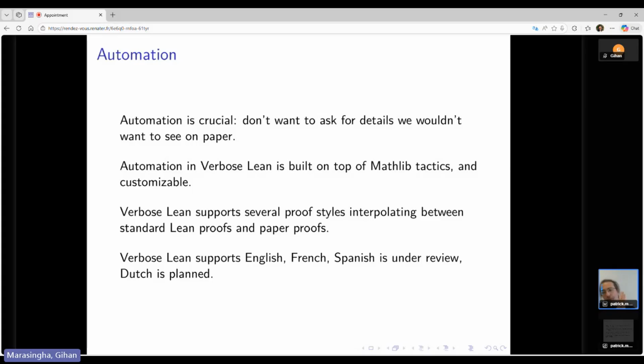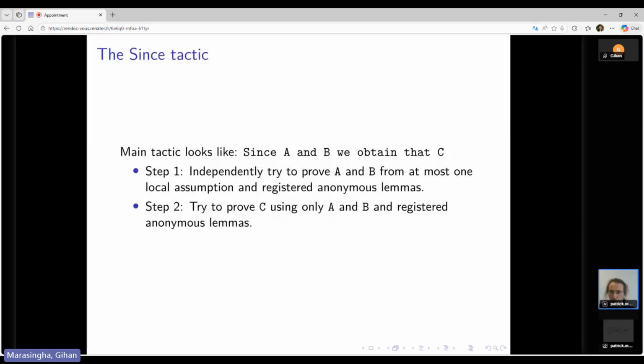English, at least my version of English, is supported, and French is supported, and there is a Spanish version that is PR'd to the repository, and I need to find someone who understands Spanish to check it is okay. People in the Netherlands are planning a Dutch version, and you can add your own version. And yeah, the demo, I already looked at it.